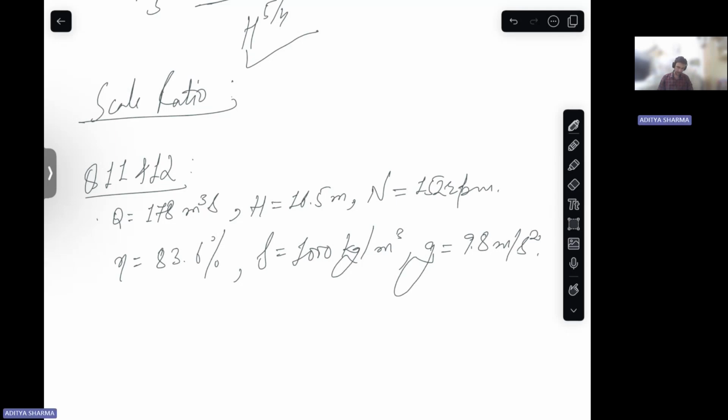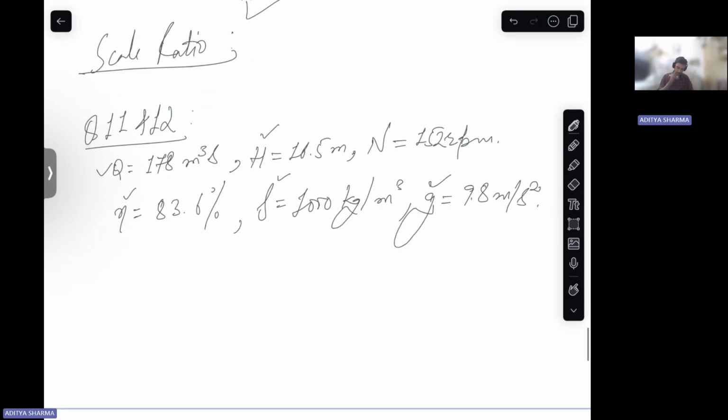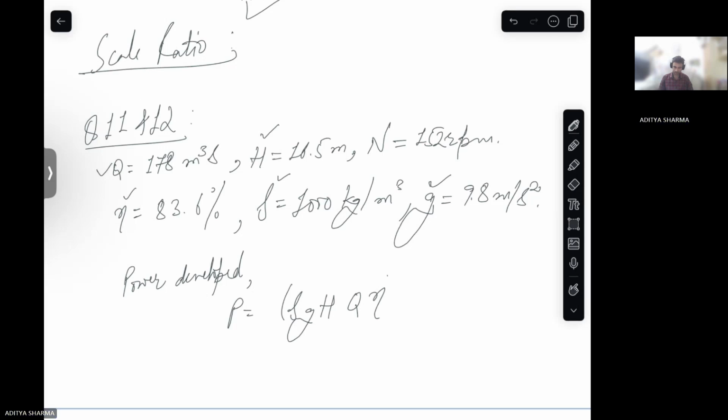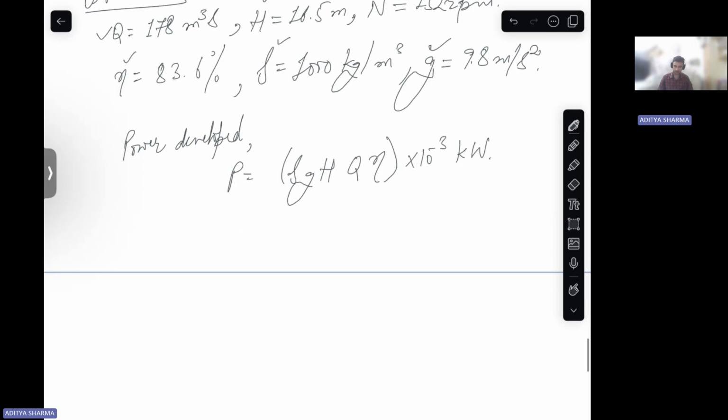Based on the discharge, head, efficiency and density, we can find out the total power developed. This is rho g H Q efficiency. This is in watts. When we convert it into kilowatts, we multiply by 10 raised to the minus 3.